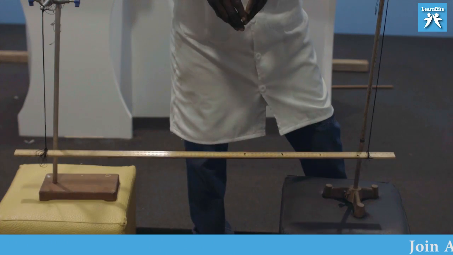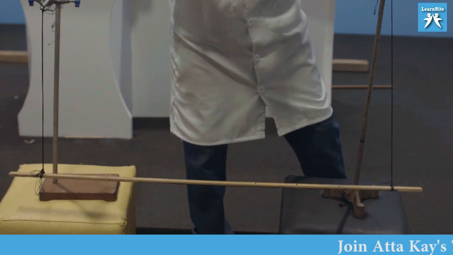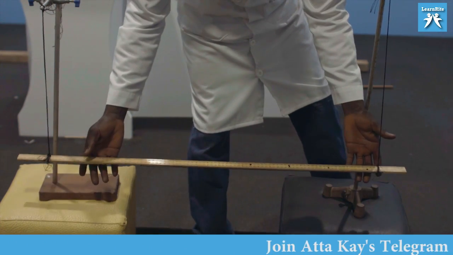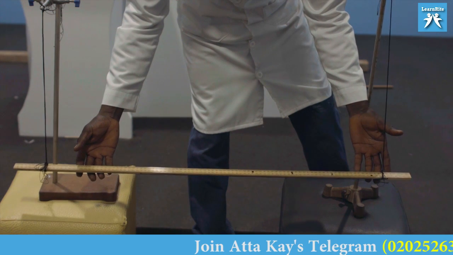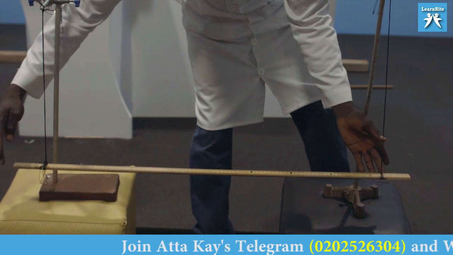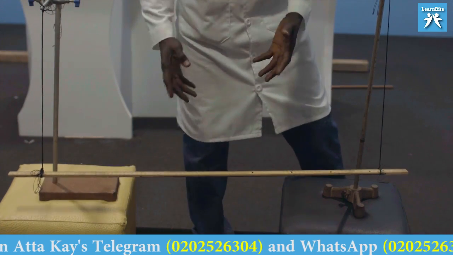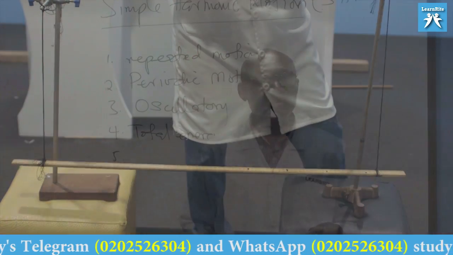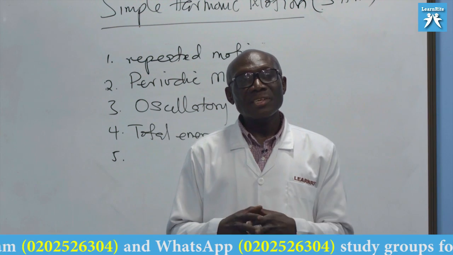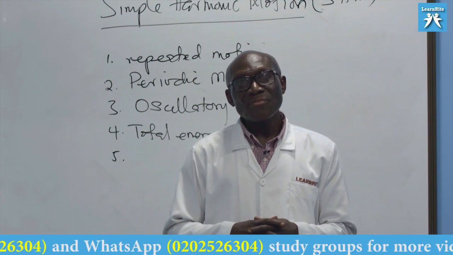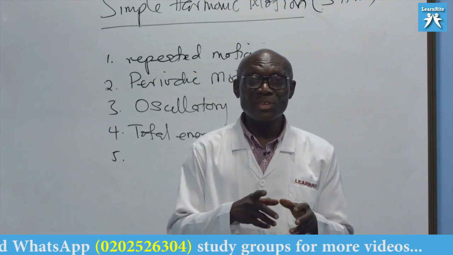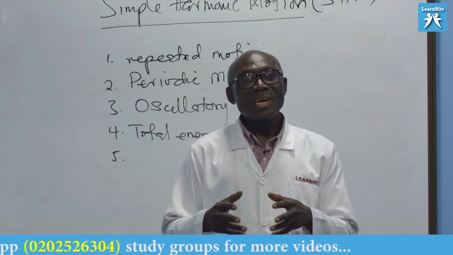This is not bifilar suspension. What you have to do is to displace the two ends in opposite directions, and then you leave it to swing this way. That is all. Students, I've cautioned you about the way you set the bifilar suspension to swing. Let's look at the next example.